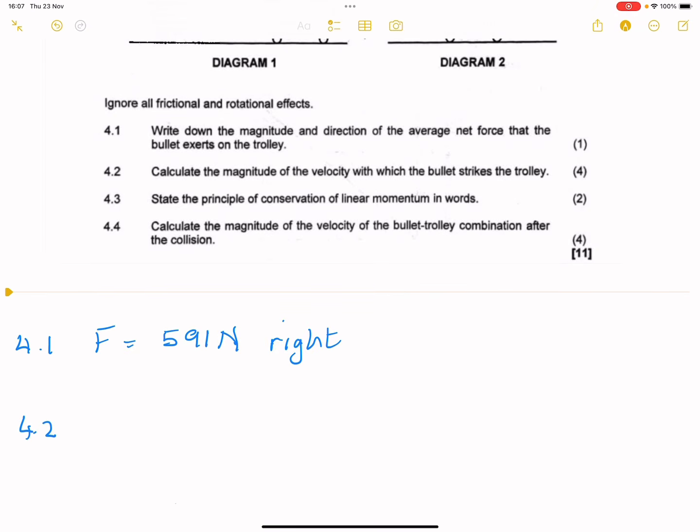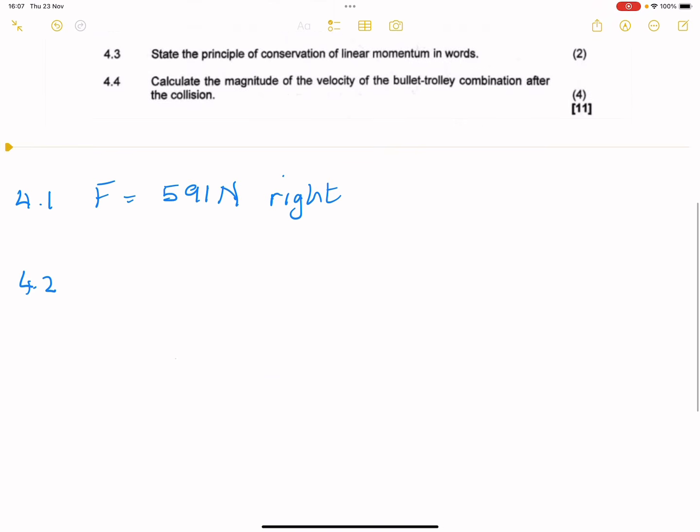Now 4.2, that's where I had some issues, but nonetheless we'll discuss it. They say calculate the magnitude of the velocity with which the bullet strikes the trolley. If you think about it, what happened to the bullet? Here's the trolley, here's the bullet. Just before the bullet entered the trolley, it had a velocity; let's call that v initial.